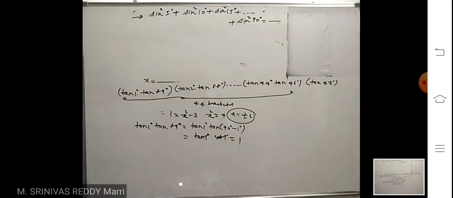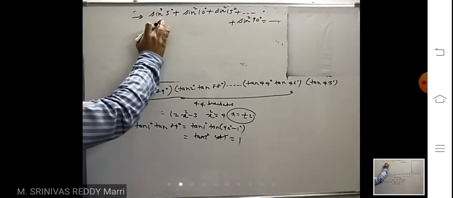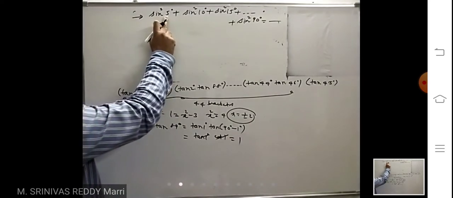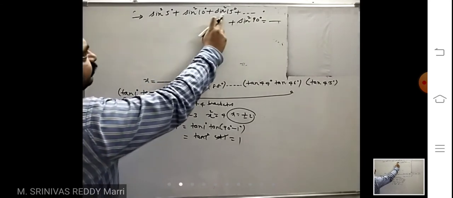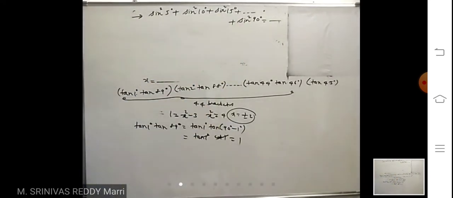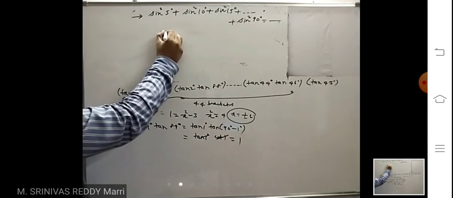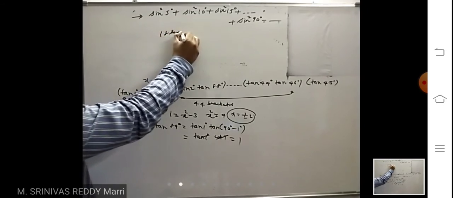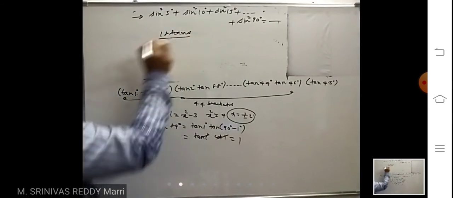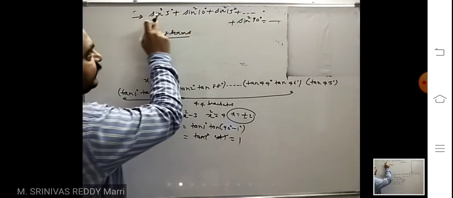Look at one more problem. So how many terms are there? 5, 5 into 1, 5 into 2, 5 into 3 and so on, 5 into 18. Totally 18 terms are there.